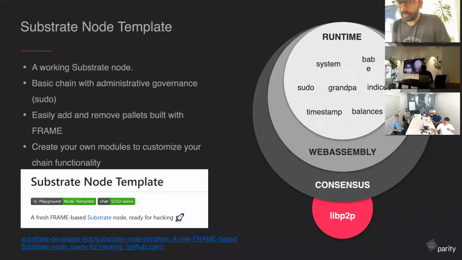I'm not sure if these slides are going to be shared, but if they're shared, you can click on the link that I have below. That's a Substrate node template. What's interesting about this is you compile it and you have a blockchain node running on your computer. So you can view all the source code. You can modify it the way you want.